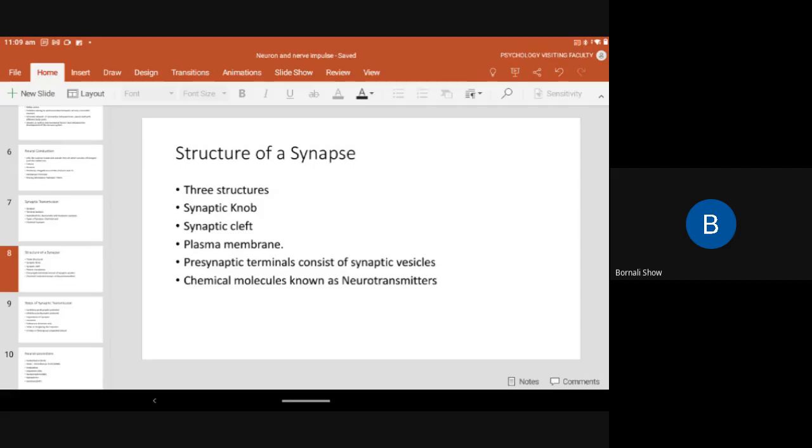Ma'am, it is written here that the new neurons can be produced in the hippocampus and olfactory. So is it possible that in other parts of the brain new neurons can be generated or growth can happen?